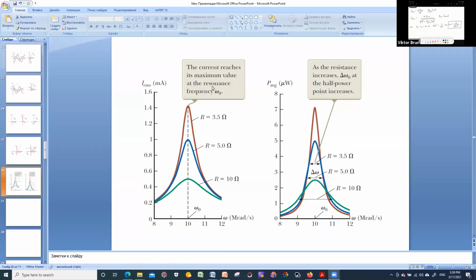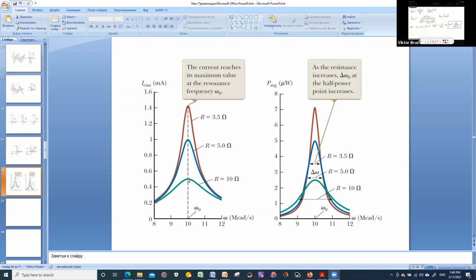Okay, I share my screen, and here on the left side, we see how RMS current depends on frequency. So at some omega naught frequency, which we already know equals 1 over square root of L times C, this RMS current reaches maximum value.